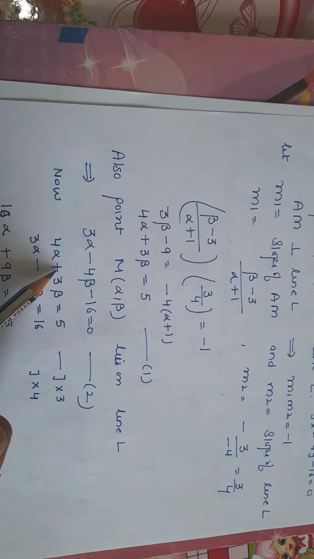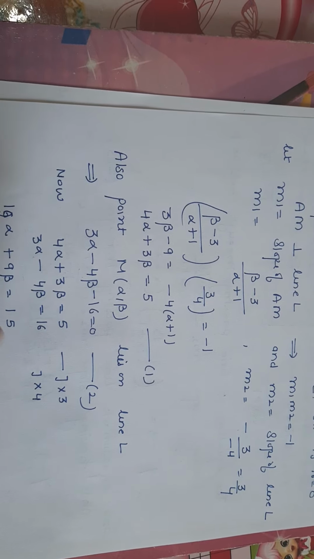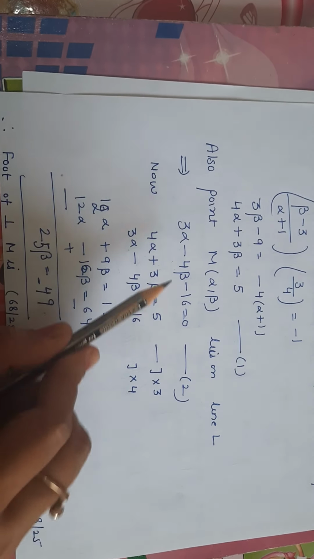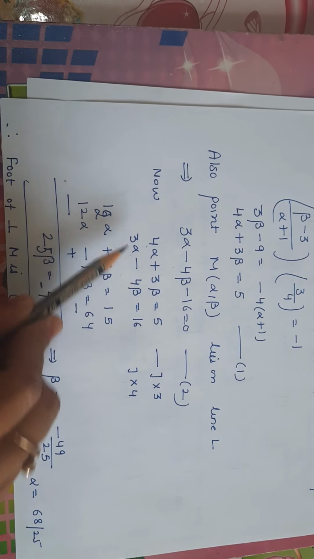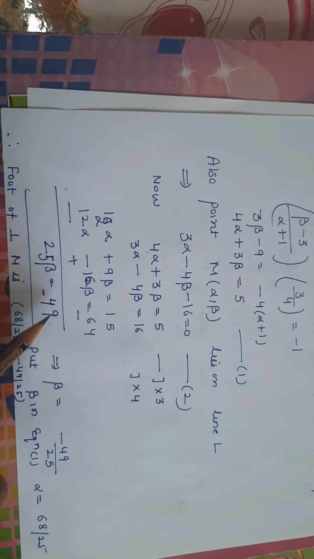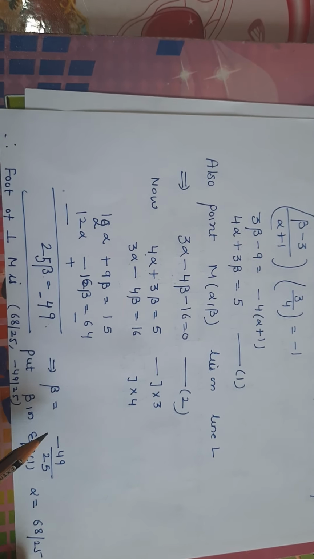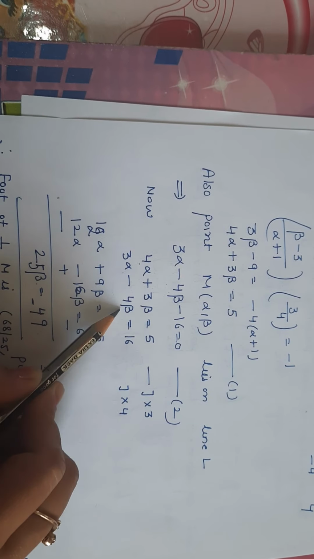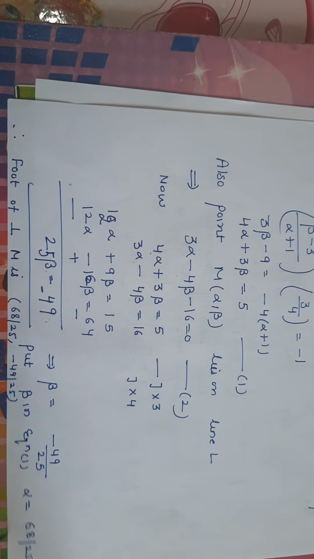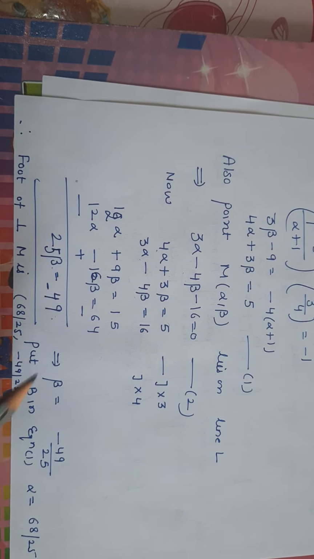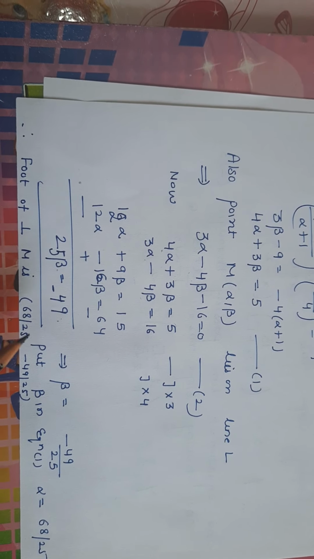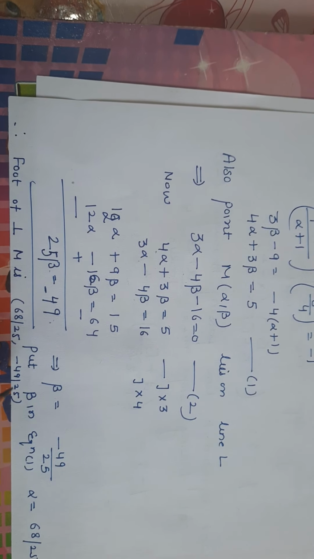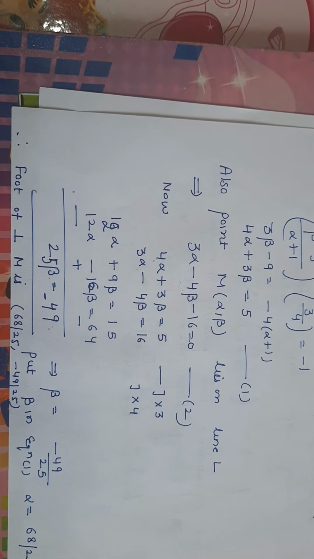Solve these two equations using the elimination method to find the values of alpha and beta. Multiply this by 3 and this by 4. Add them. Beta is minus 49 by 25. Put the value of beta in either of these two equations. So alpha will be 68 by 25. So your answer is 68 by 25 and minus 49 by 25.